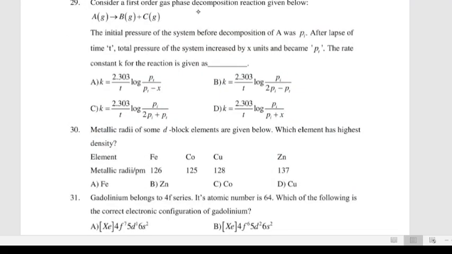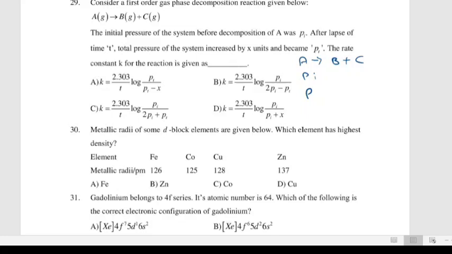Consider a first order gas phase decomposition reaction given below. The initial pressure of the system before decomposition of A was Pi. After the lapse of time t, the total pressure of the system is increased by x units and became Pt. So the rate constant K for this reaction is, it's a first order reaction, we know. Suppose A gives B plus C. Let Pi be the initial pressure.